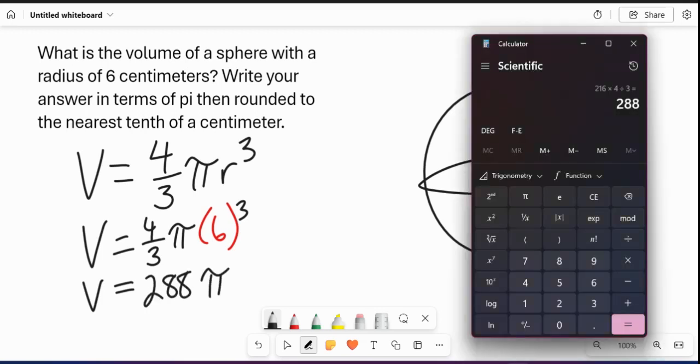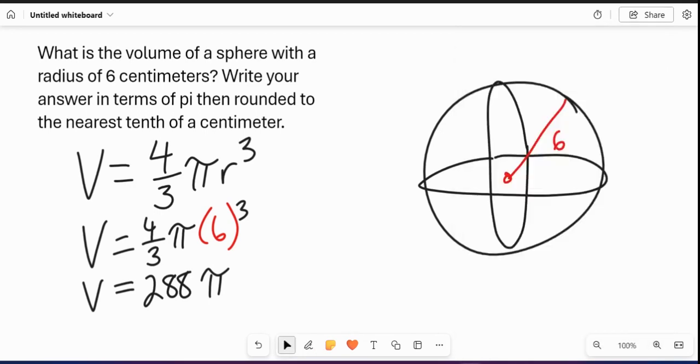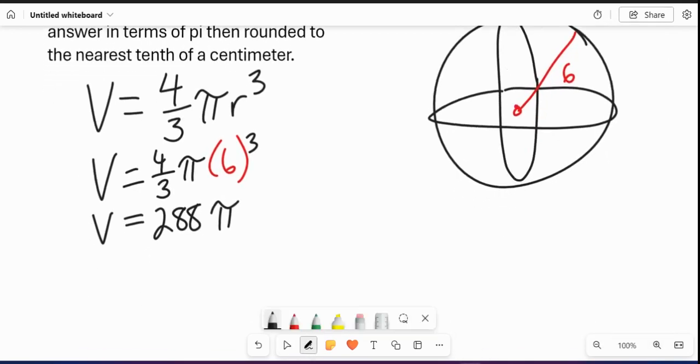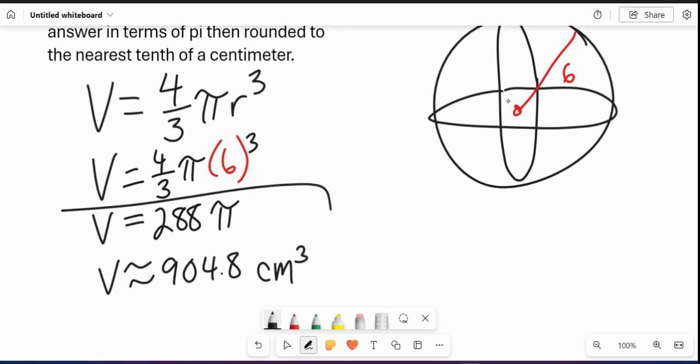And again, take that 288, it's already in your calculator, multiply it by pi, and you get 904.77, rounded to the nearest tenth, 904.8. So it's approximately 904.8 centimeters cubed. There is my final answer.